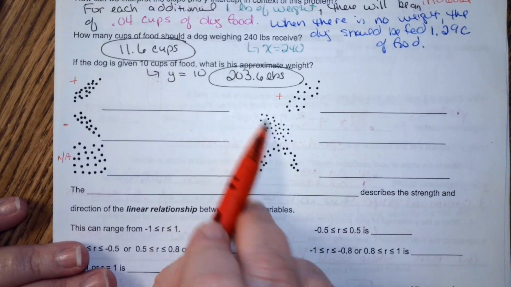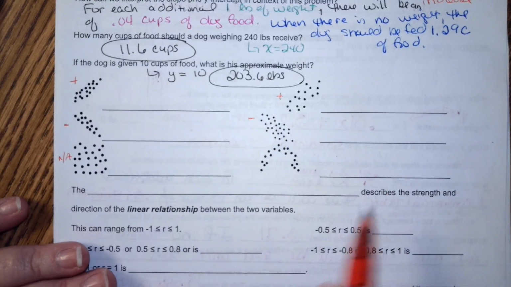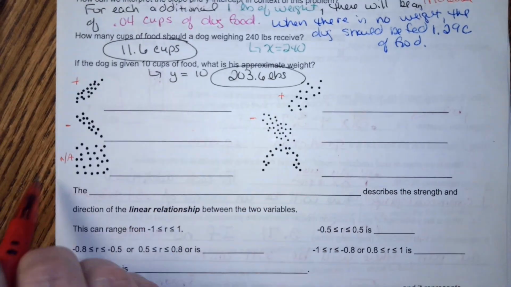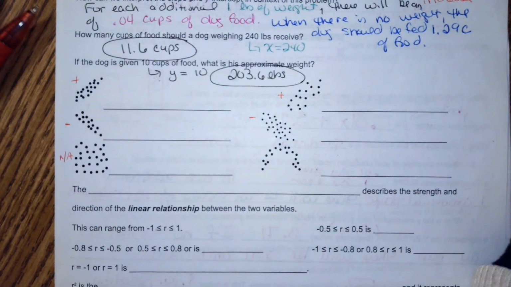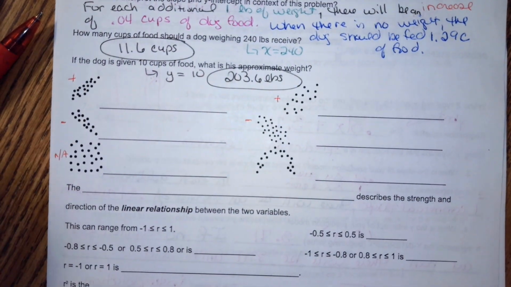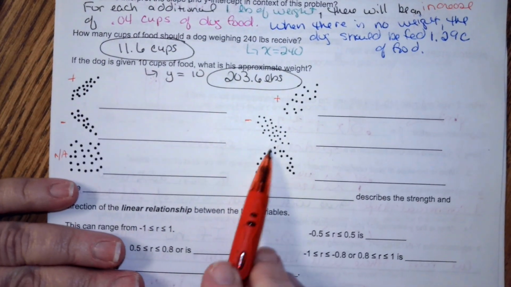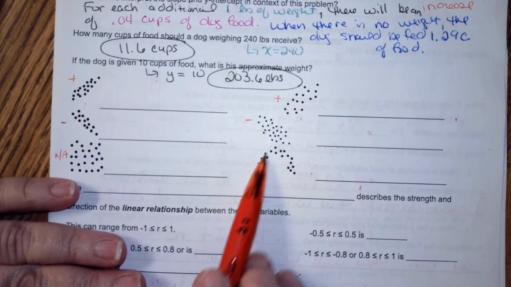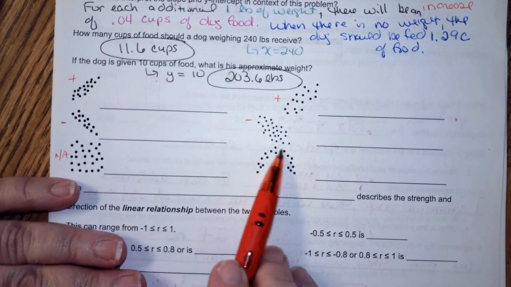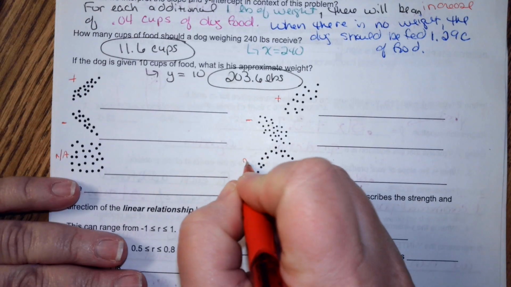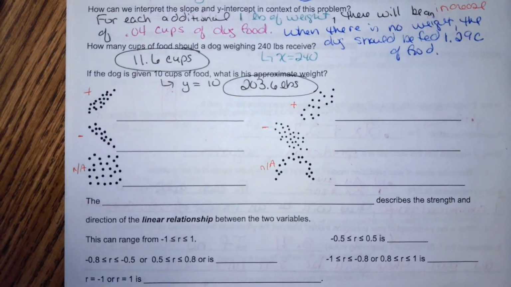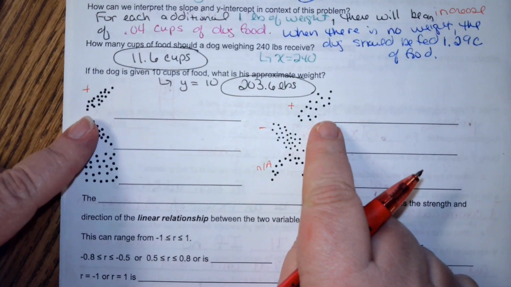This one is negative. This one is NA. And this last one has a pattern, but it's not a linear pattern, so it has no correlation.